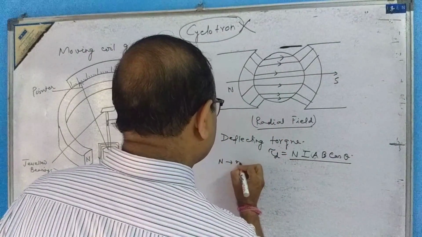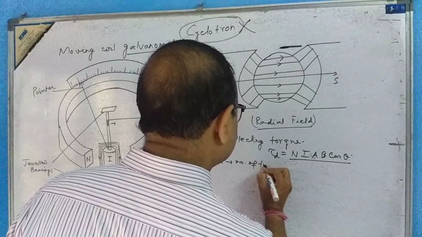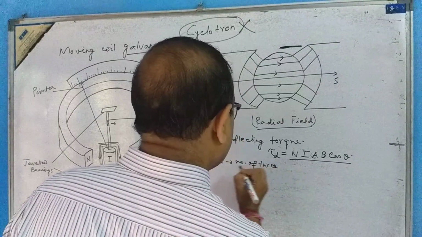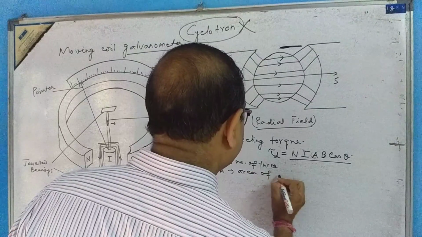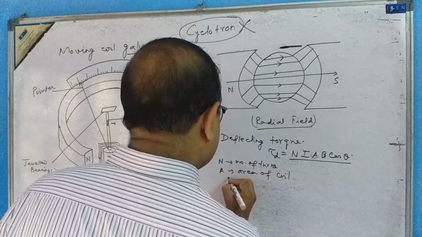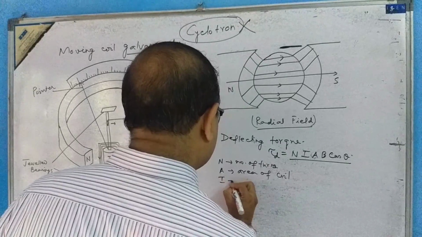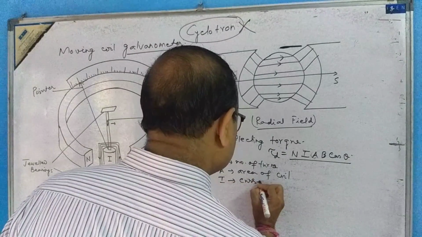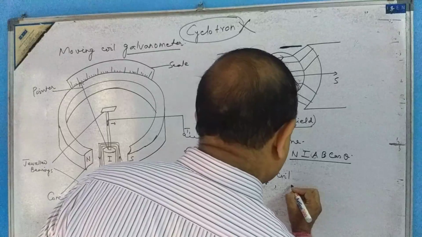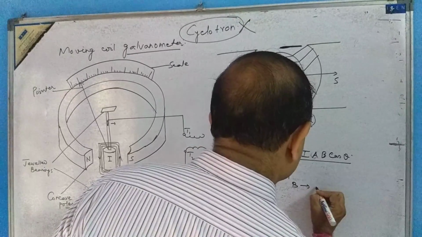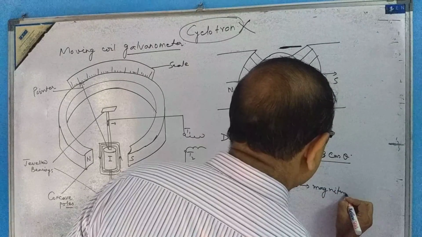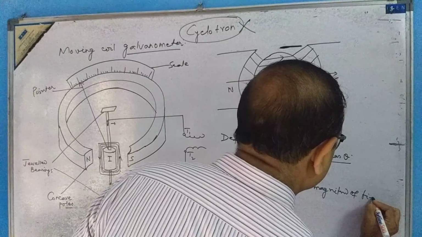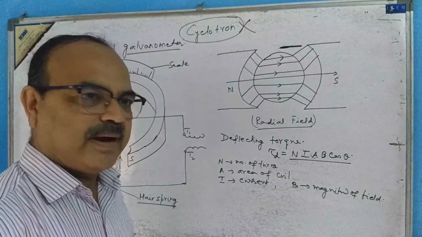N is the number of turns. A is the area of the coil. I is the current flowing through the coil, and B is the magnitude of the field.